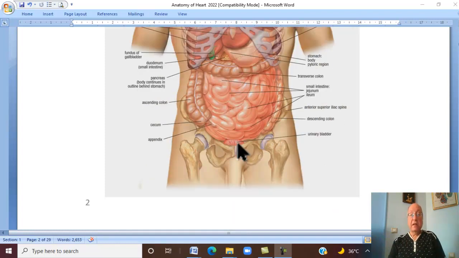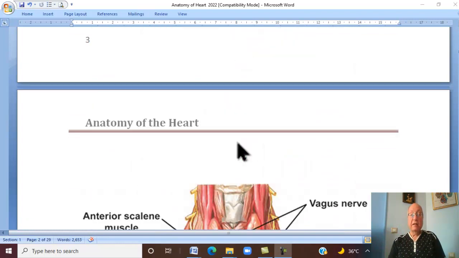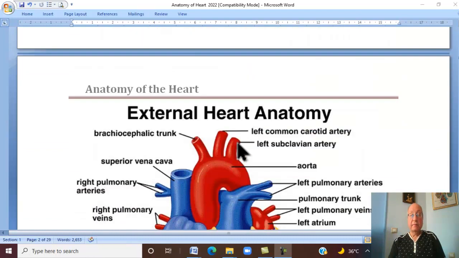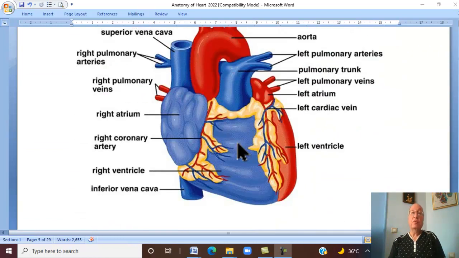The heart is divided into 4 chambers: 2 atria, right and left atria, and 2 ventricles, right and left ventricles.